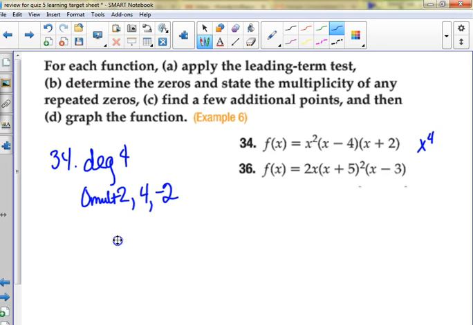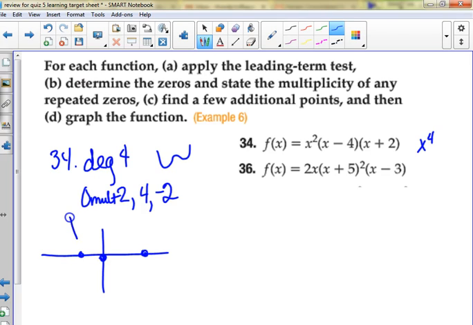All right, can you predict the end behavior for me? This was a positive x to the 4th, right? If we ignored all the... Both ends up, okay? And I have zeros at 0, negative 2, and 4. So I should come from the top. What should I do at negative 2? It crosses.